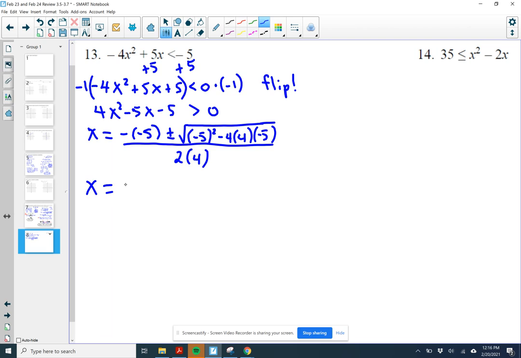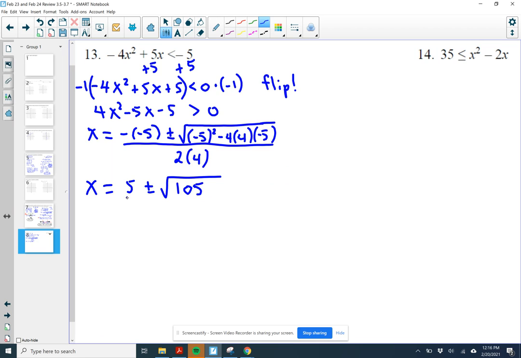We do some simplifying. Under that radical, we have 25 plus 4 times 4 times 5, because the negative times the negative will turn into a positive. 4 times 4 is 16. Times 5 is 80. We get a discriminant of 105.